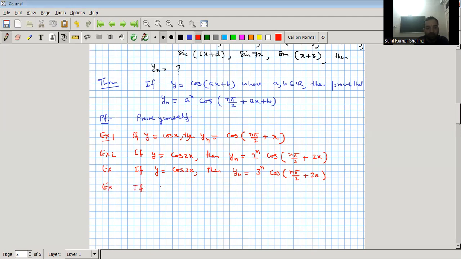If y is equal to cos 4x, cos 5x, cos 6x, cos 7x, cos 2x plus 3, cos 3x plus 4, cos x minus 1, cos x plus 2, and so on, then find yn.